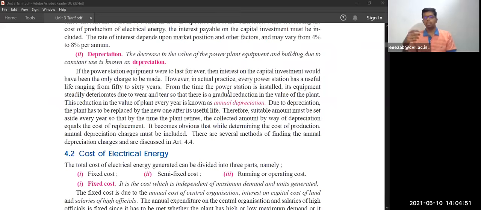Whereas in other foreign countries, they will simply replace after 40 or 50 years. But we are a developing country, no. So we are going for maintenance work, yearly once, monthly once, so that the lifetime of the generator will be increasing.